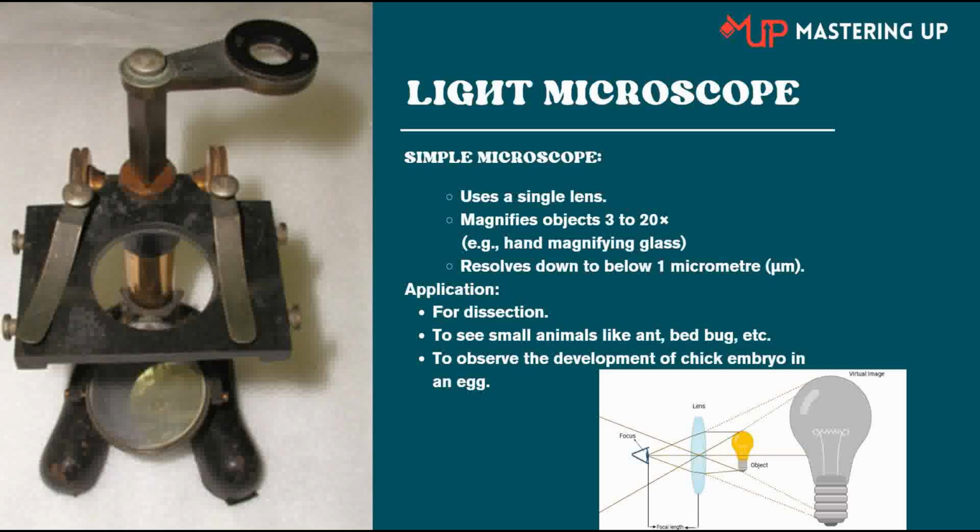A simple microscope is used for dissection to observe the development of a chick embryo in an egg, and also to see small animals like ants, bedbugs, etc. As we can see in the illustration below, a single lens is used to magnify the object.